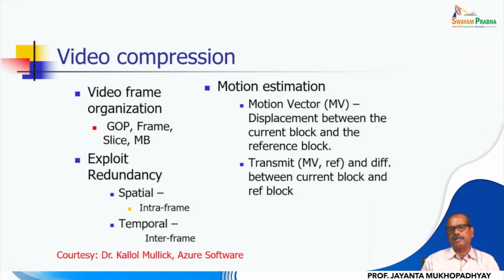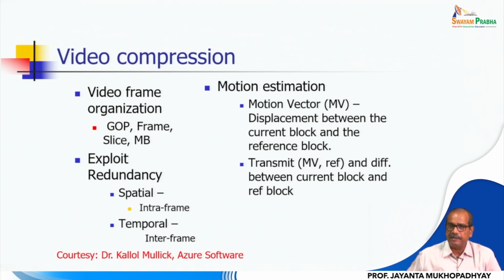And what we need to transmit in that case is simply the motion vector, and then we consider the difference, to make it more robust and also to provide the almost exact information of the block.